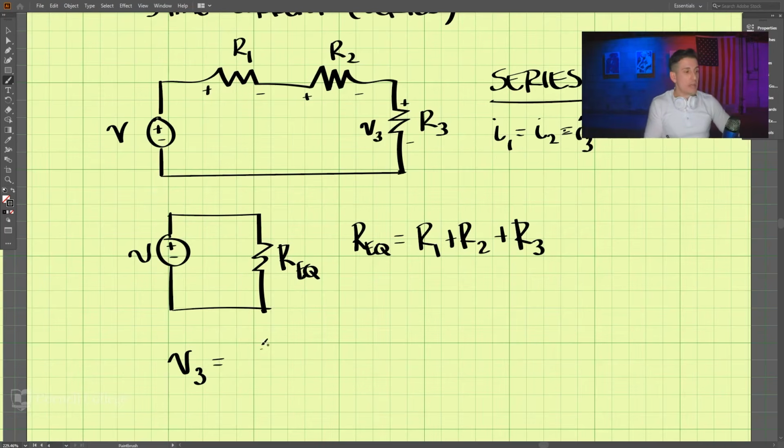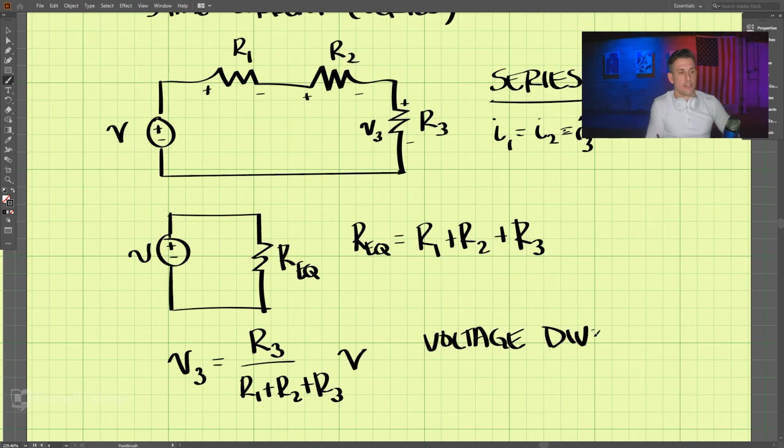Well, to figure that out, we have an equation: V3 equals R3 over R1 plus R2 plus R3, times V. So if we want to figure out the voltage across R3, we use that resistance divided by the total resistance, the equivalent resistance, R1 plus R2 plus R3, times V. And this is what we call voltage division.